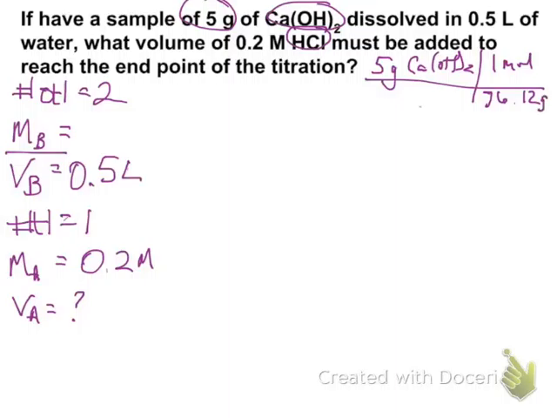Okay? So now we're going to divide our 5 by our 72.12. So we have 0.069 moles, and we said molarity is moles over volume in liters, and our volume was 0.5 liters.